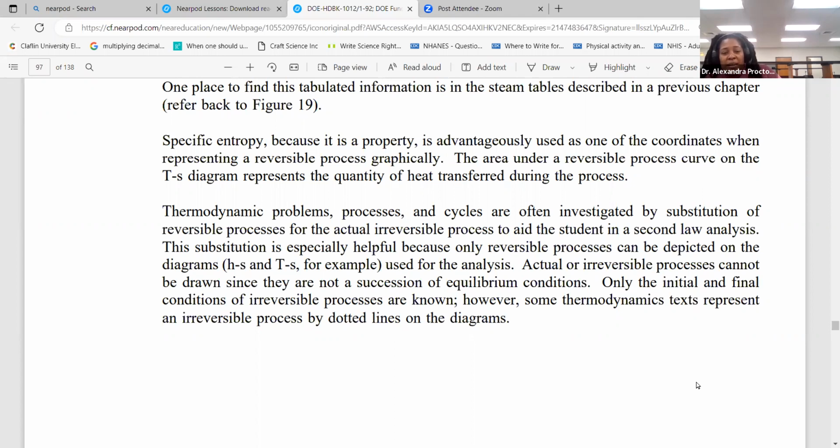Actual irreversible processes can't be drawn since there isn't equilibrium there. Okay, so because you don't have equilibrium conditions, those irreversible processes are not graphically represented. So only initial and final conditions of irreversible processes are known. However, some thermodynamics texts represent an irreversible process by dotted lines on these diagrams.